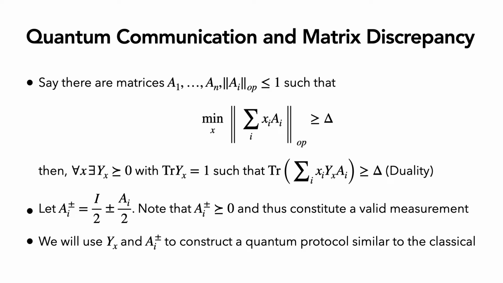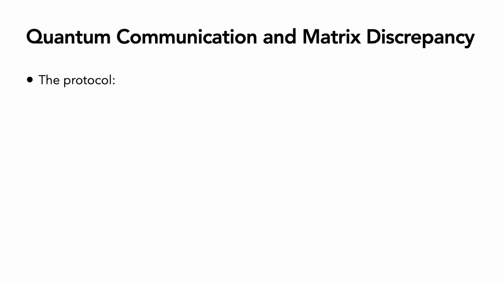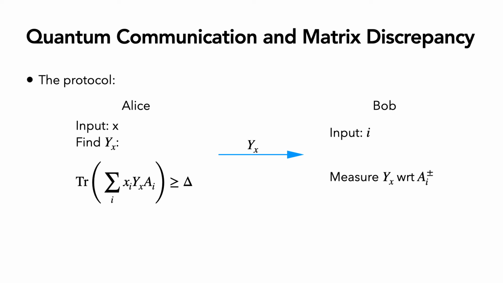We will use Yx and Ai plus minus to construct a quantum protocol similar to our classical protocol. The quantum protocol is the following. Given x, Alice finds Yx such that the trace of the signed sum multiplied by Yx is large.